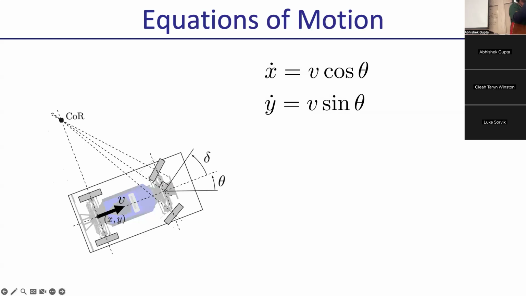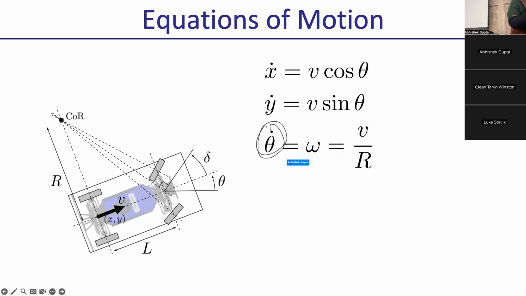Whenever you have a rotating system, theta dot, which is how much the heading is changing, is going to be equal to the angular velocity of your system around the instantaneous center. The angular velocity is defined as the velocity divided by the radius.